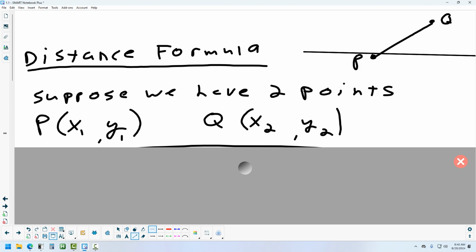I didn't draw that perfectly. Let me just draw it by hand. So there's one side, there's the other side. So it's a right triangle, and PQ is going to be the hypotenuse. Does anybody remember the name of the theorem you can use to find the length of the hypotenuse if you know the other two sides?